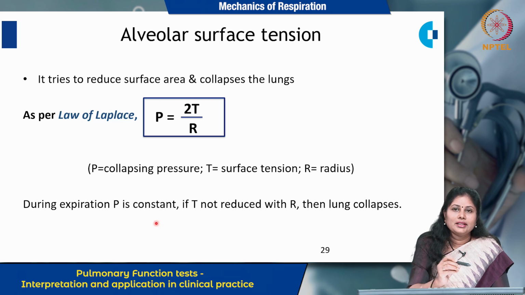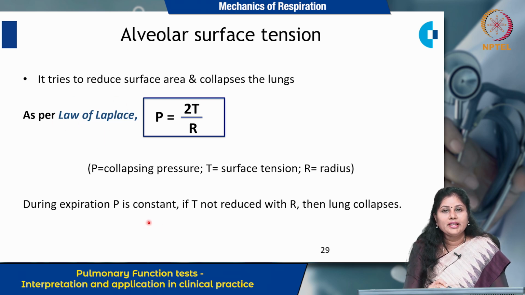Laplace put forth his law stating that in any hollow sphere, the pressure developed will be equal to twice the surface tension divided by its radius. This pressure in the alveoli, we refer to as collapsing pressure.